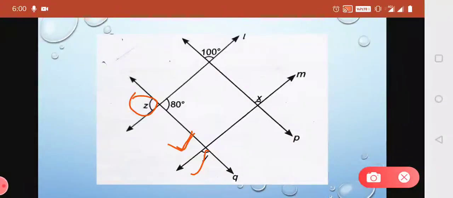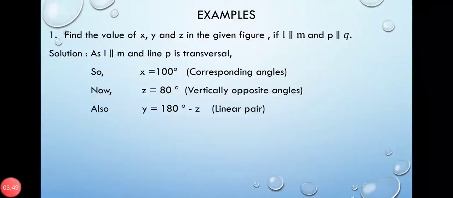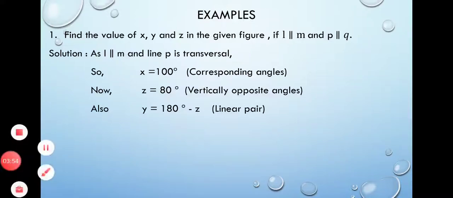So whatever is the value of Z here will be the value of this angle, that is this will also be angle Z. So we write that Y plus Z equal to 180 degree because it makes a linear pair. Linear pair means the sum is 180 degree. So we write Y equal to 180 degree minus Z.